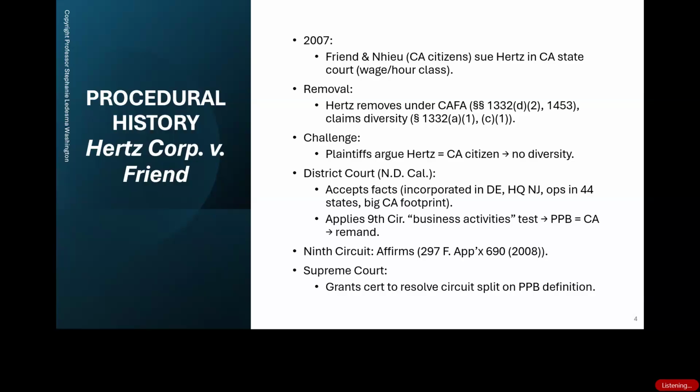Now, there's lots of reasons, and we don't need to go into the speculation of why Hertz may have preferred federal court over state court, but some low-hanging fruit is you have potentially a class of California domiciliaries suing you in California state court. Hmm. The courts are extremely objective, right? That's not an issue.